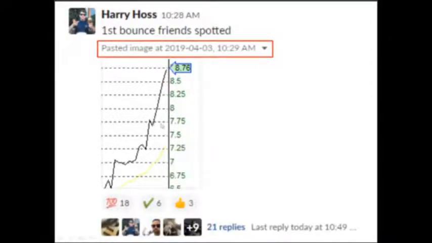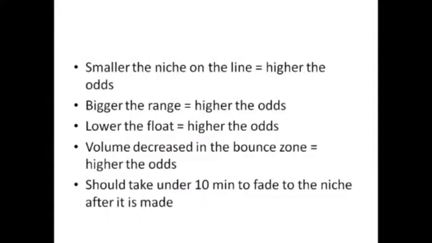I remember that 7.75, 7.60 level was the level that I was eyeing. That's a perfect example of the uptrending, low float stock. It's a new name. We haven't heard OPTT in a long time, if ever. There's a lot of volume, a lot of people involved, stuff that I like. So let's get into the niche itself.